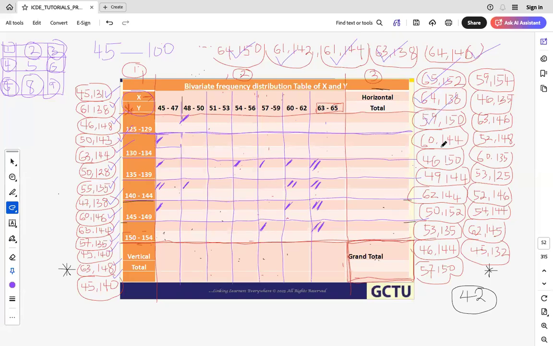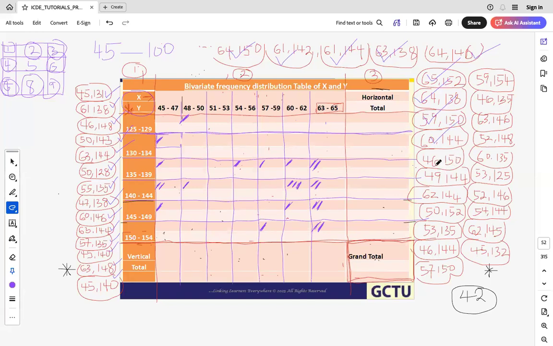Then we come to 60, 144. 60 is here. We come down and look for 144 and then we land here. So this is going to be our third tally in this box. 60, 144. This is also done.